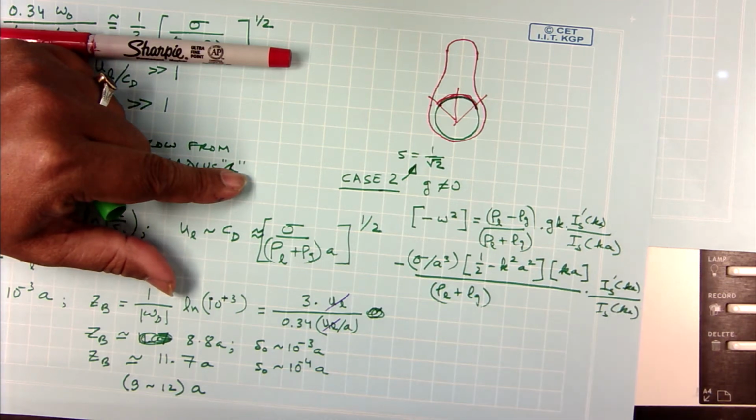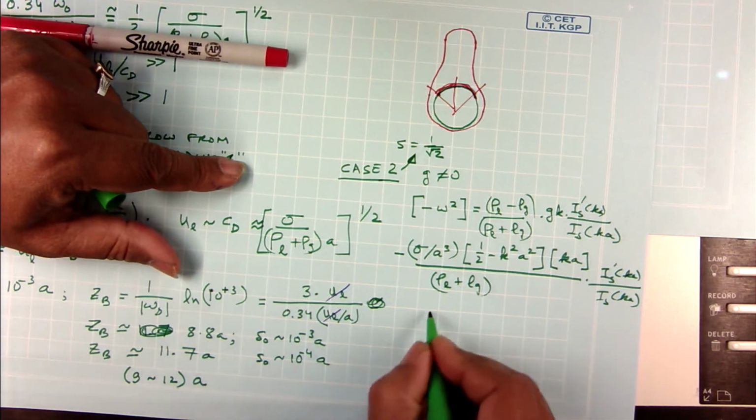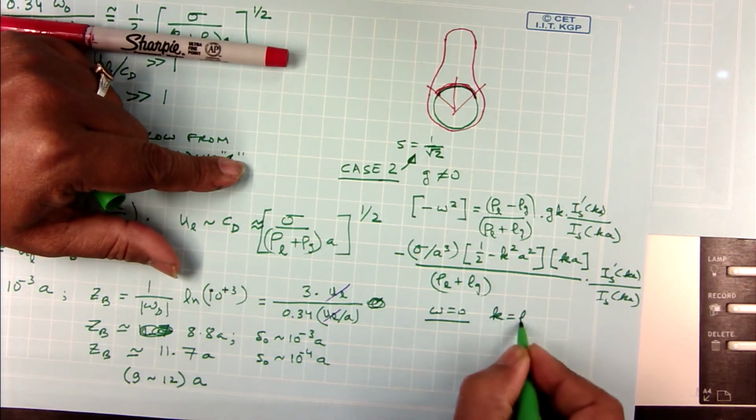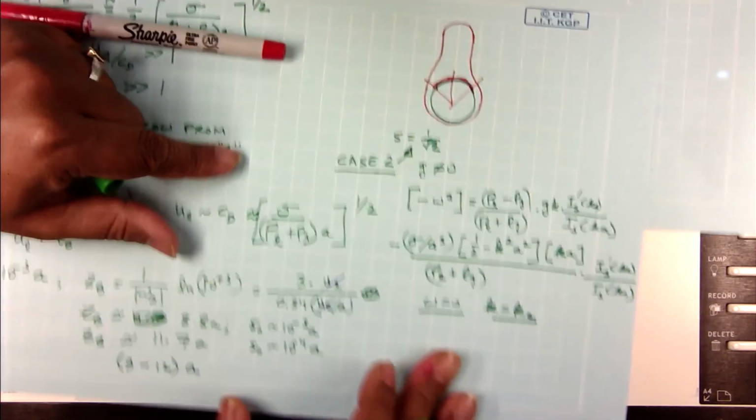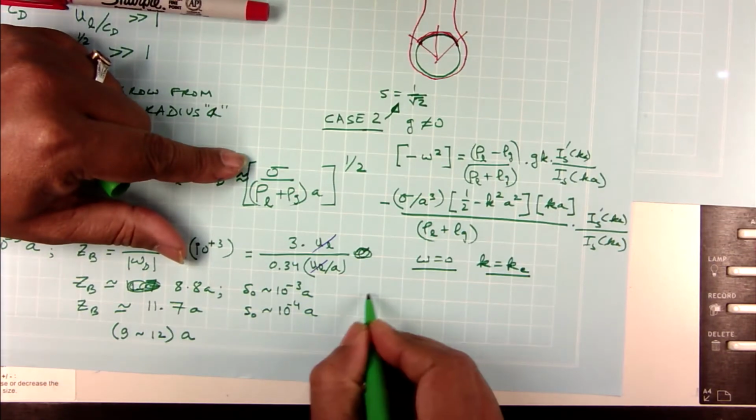Okay, so, for case 2, if I want to derive the critical condition, which is omega is equal to 0, and I am trying to figure out what is my Kc equal to. Well, the solution comes something like this.